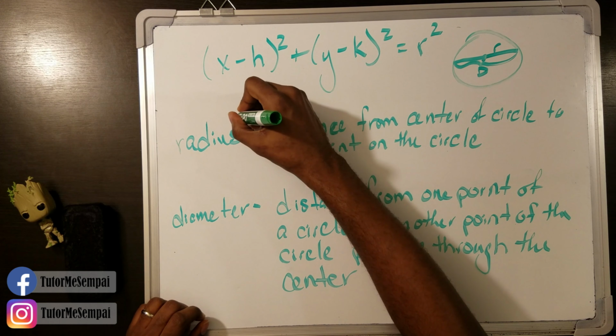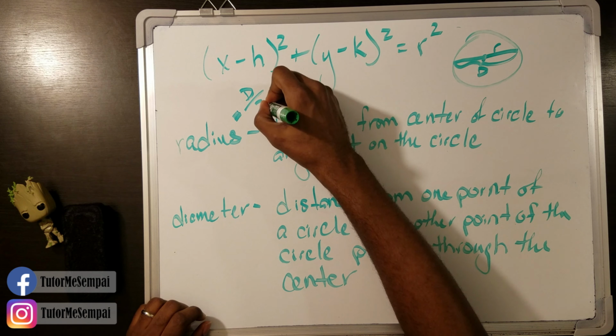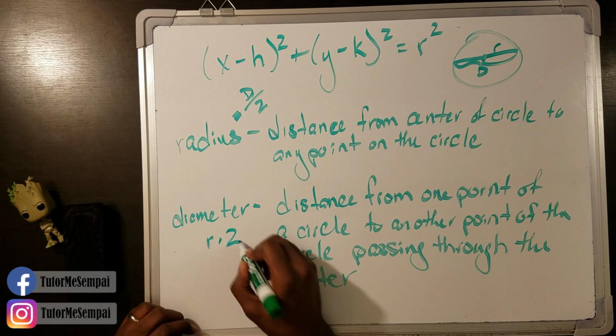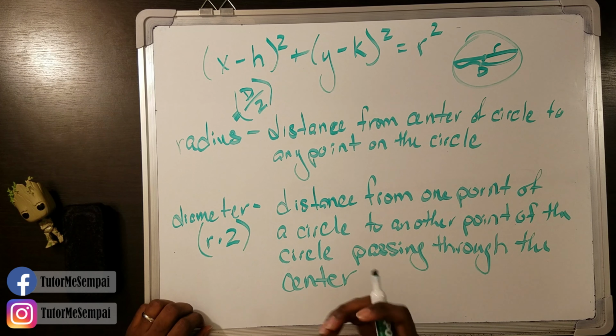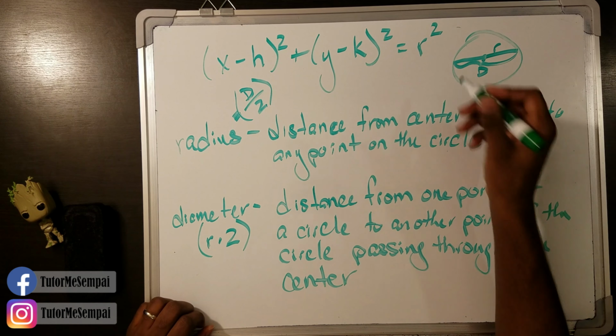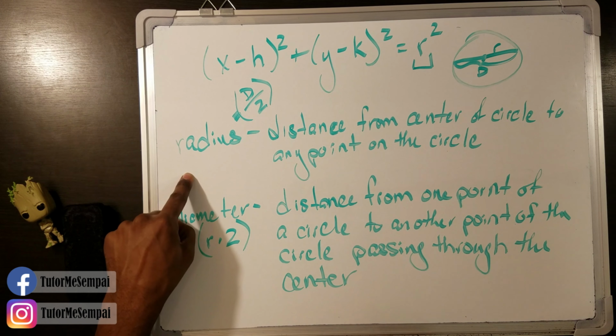The radius is going to be the diameter over 2, and the diameter is going to be radius times 2. So we've talked about the radius and we talked about diameter. When we look back at this equation, you see that we have this R here. Well, that R is going to be this very radius that we're talking about.